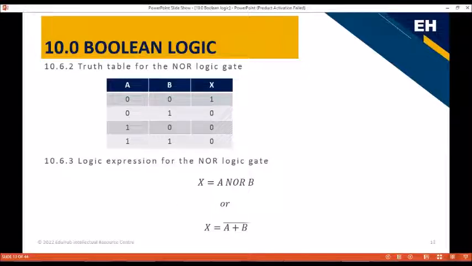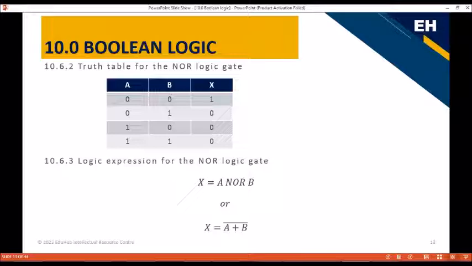You have to remember that the output can only be 1 when both inputs are 0. Otherwise, the output is 0. So every other output becomes 0.